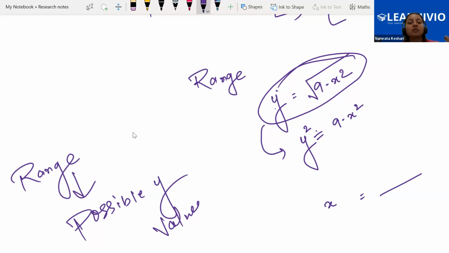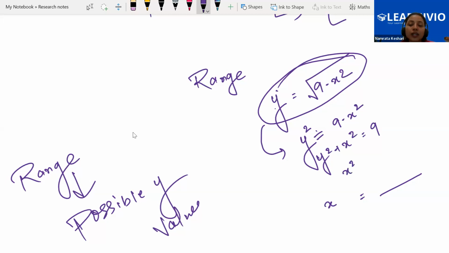If you multiply the same number on both sides, you are completely allowed mathematically to do that. So we have done the squaring on both sides. Then we were trying to keep x on one side, just that. Okay. So we got y square plus x square is equal to 9.